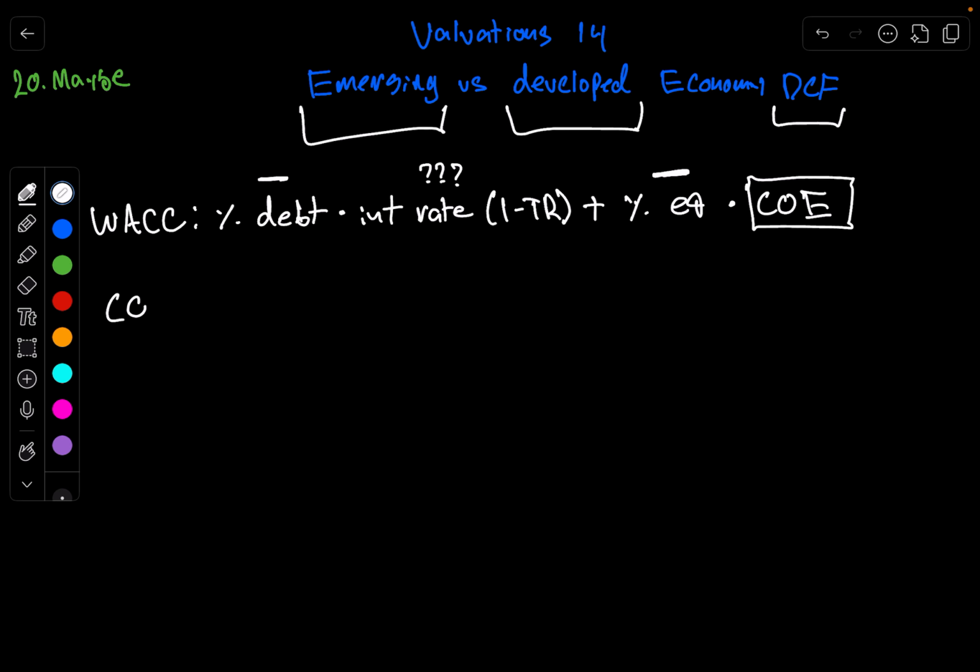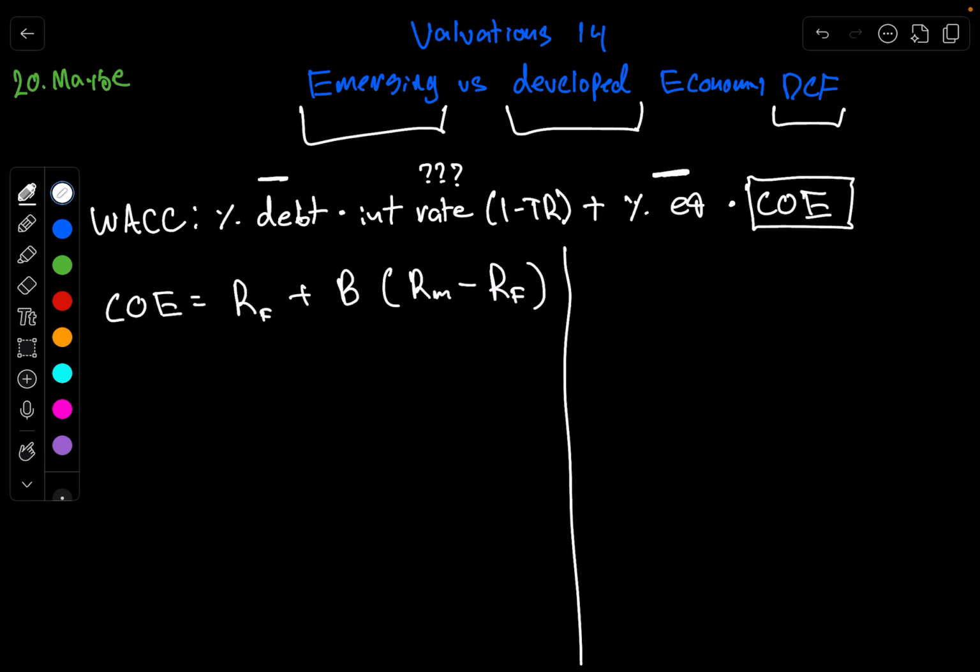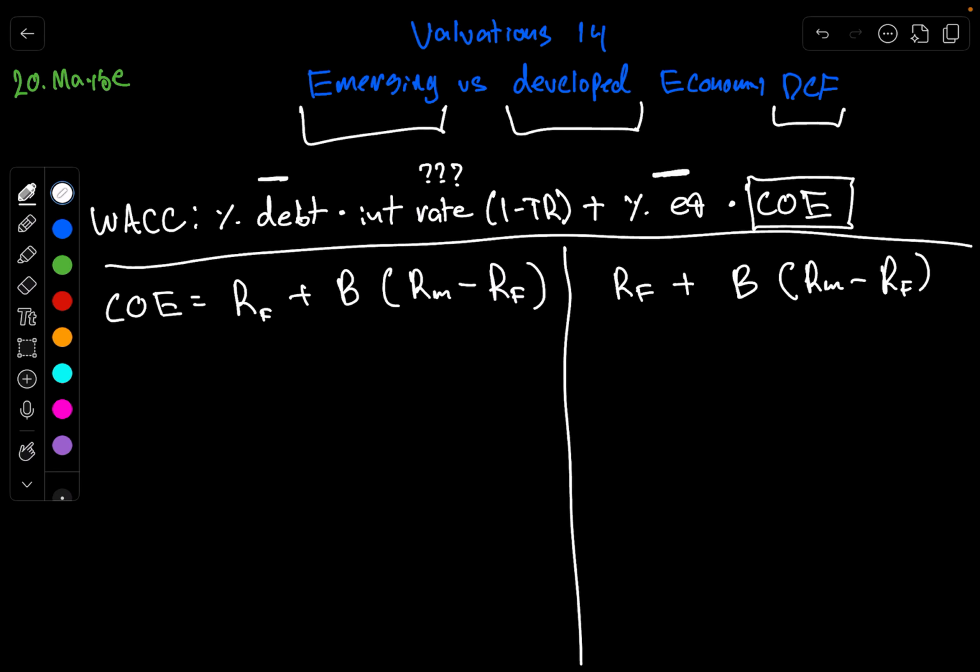And we know that the formula for cost of equity is equal to our risk-free rate plus our beta times our market risk premium, which is the return on the market minus the risk-free rate, right? So let's actually run two scenarios here. I'll draw a line down here and rewrite the formula: the risk-free rate plus beta times the return on the market minus the risk-free rate. Let's say that on the left side, we're looking at a developed country.